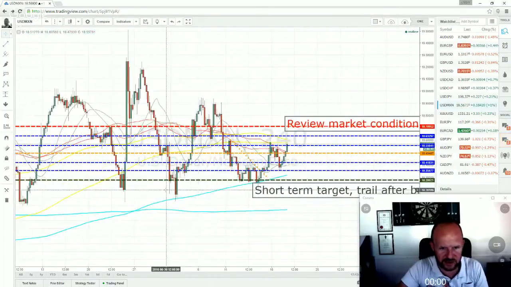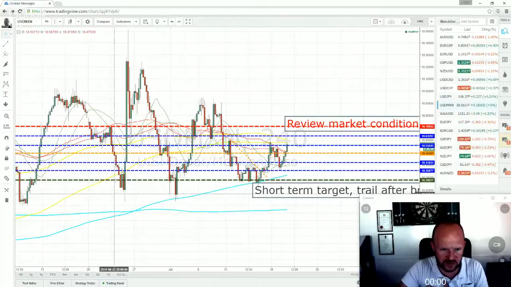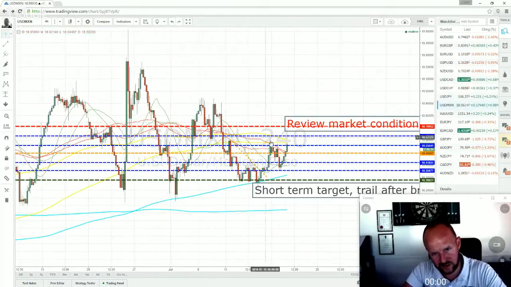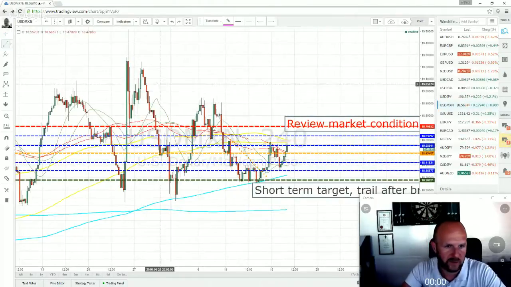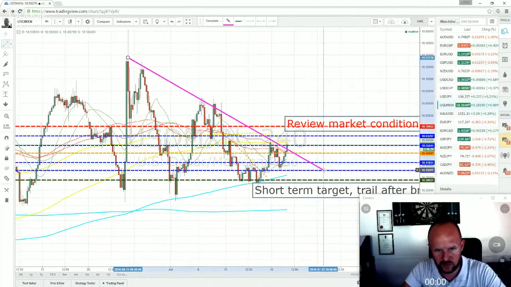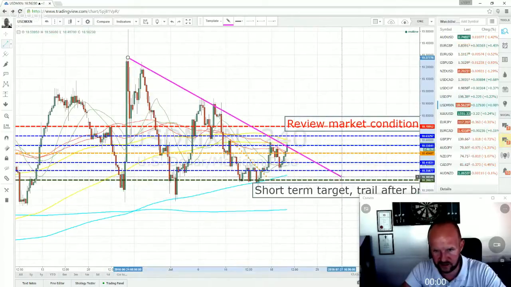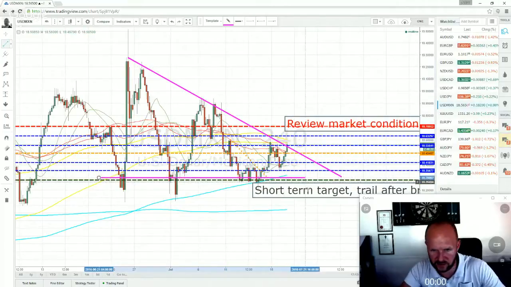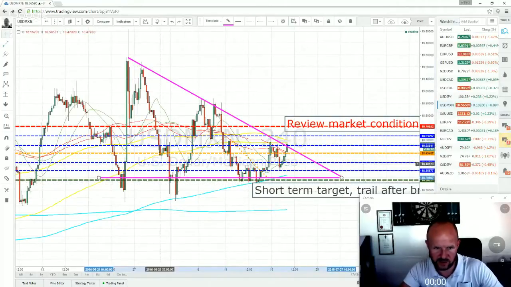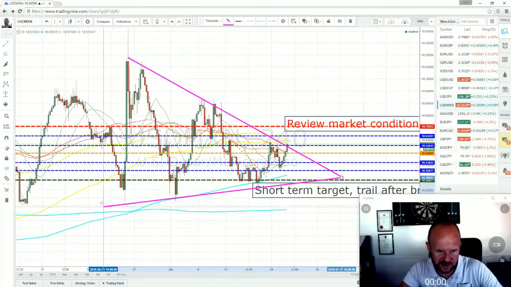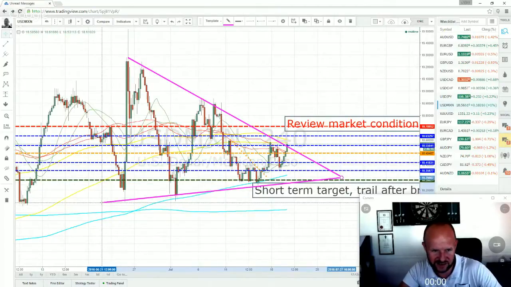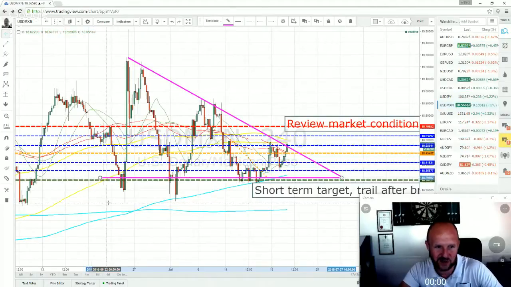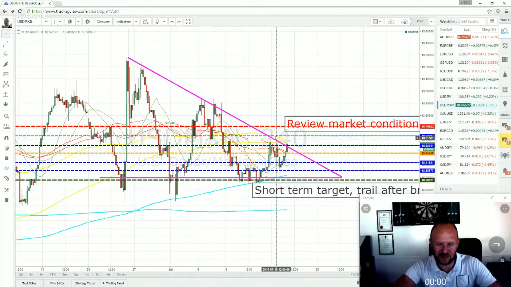If we discount all these lows here, we'll see one move like this, and it goes down, and here it is something like this. All right, so that's what I'm trying to say. I mean, it can be like this. It doesn't really matter. It's just to give you the idea of what I'm thinking about. It's not about being right or wrong.